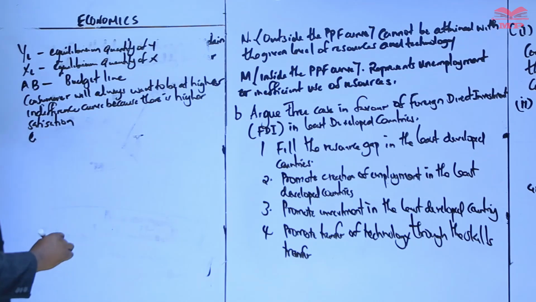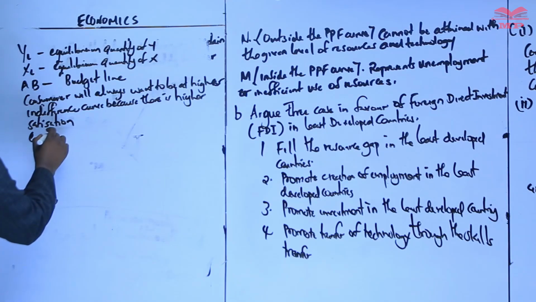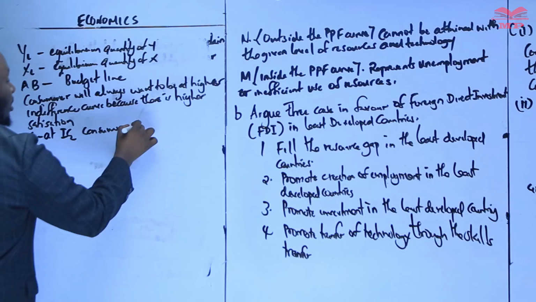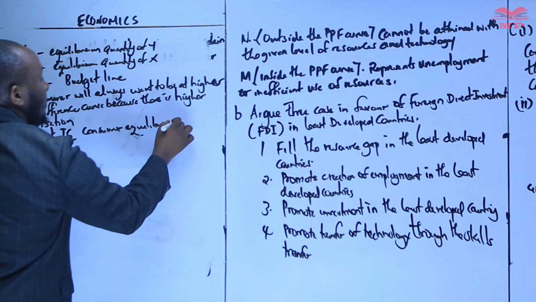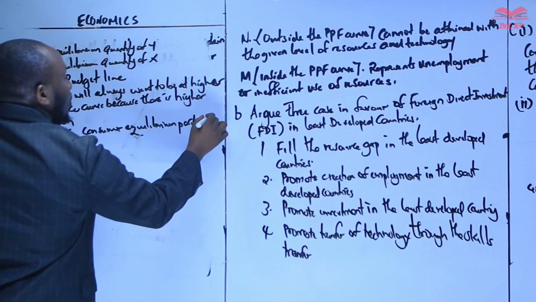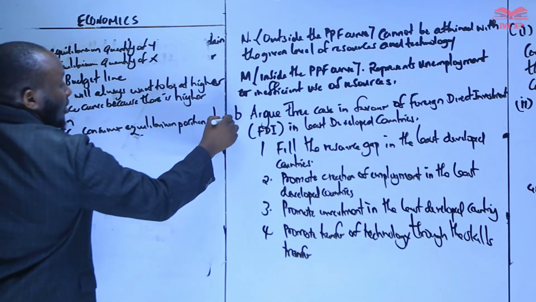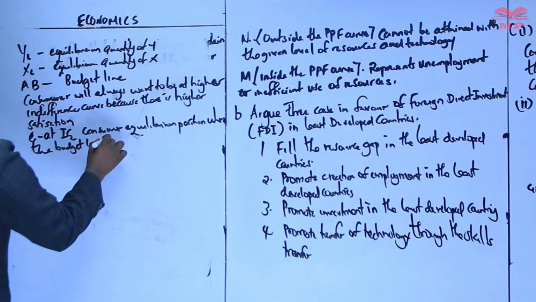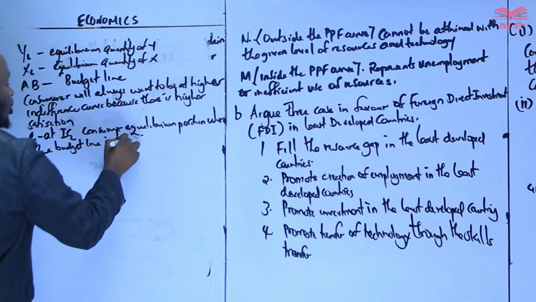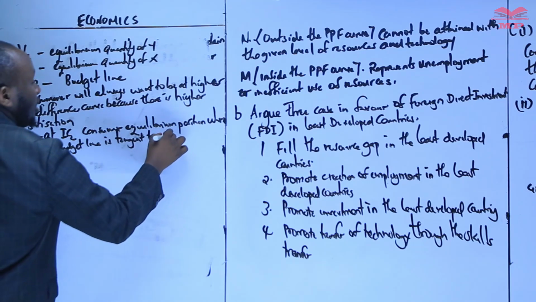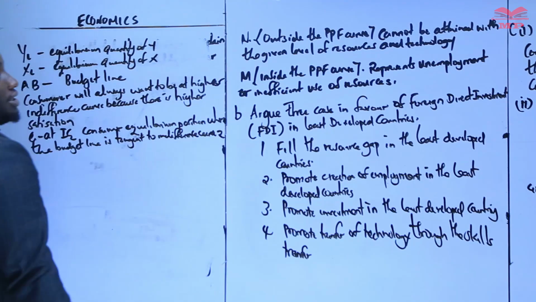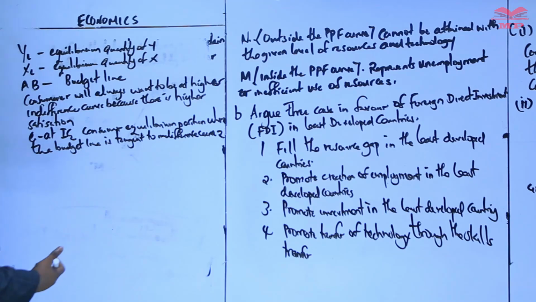E, the consumer equilibrium position, is found at IC2, where the budget line is tangent to indifference curve 2.